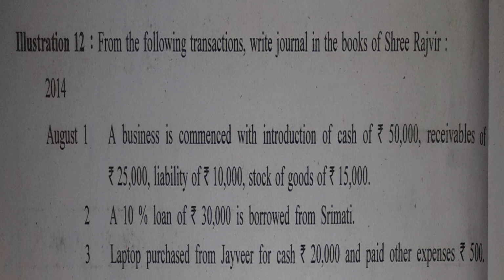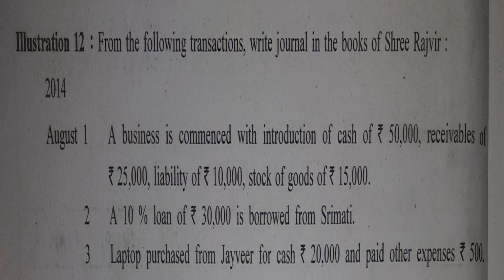Firstly, in the column of date, 2014, August 1st, and the first transaction says, a business is commenced with introduction of cash of rupees 50,000, receivables of 25,000, liability of 10,000, stock of goods of rupees 15,000.